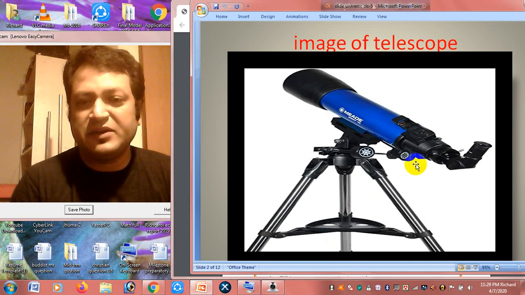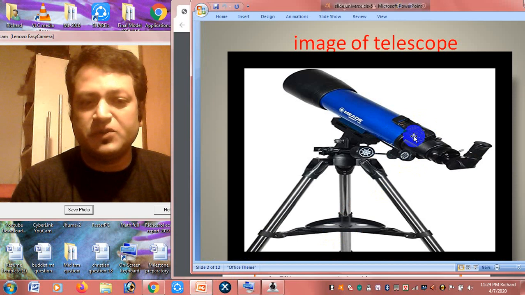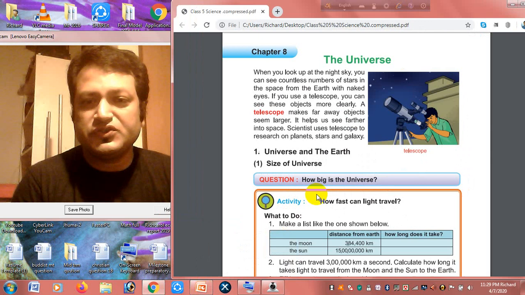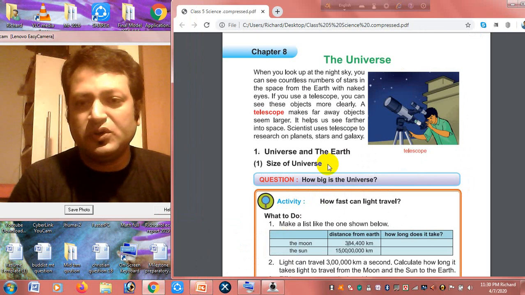See, this is a picture of a telescope. Here is one definition given in the book: a telescope makes far away objects seem larger. So it helps to see far distant things.